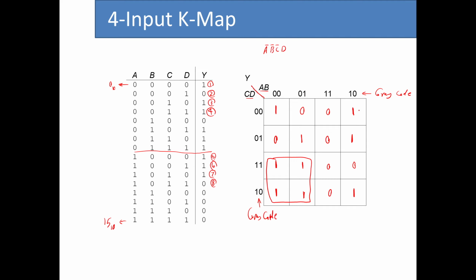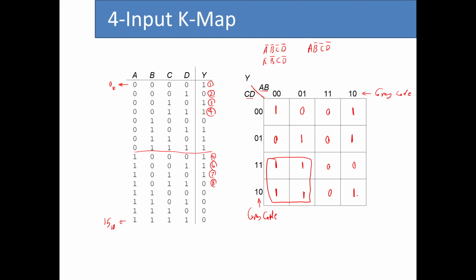For the second one here, we have A, B bar, C bar, D bar. For this, we have A bar, B bar, C, D bar. Sorry, this one is A bar, B bar, C bar, D bar.